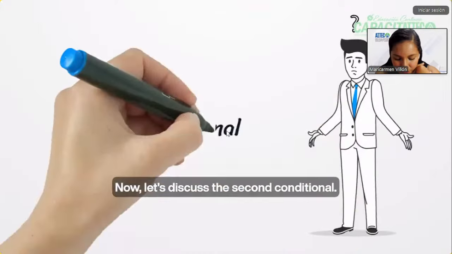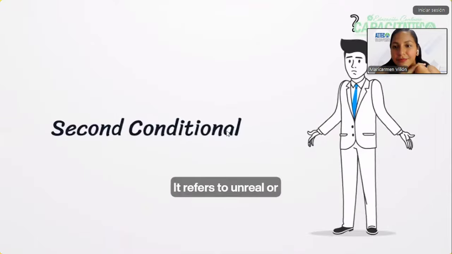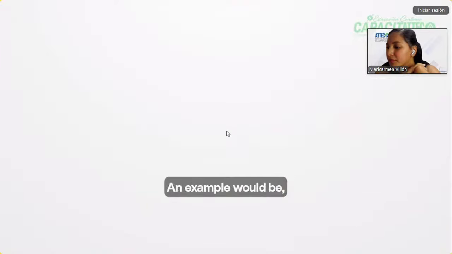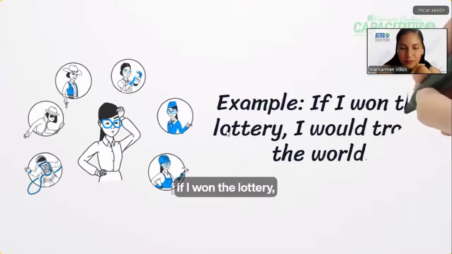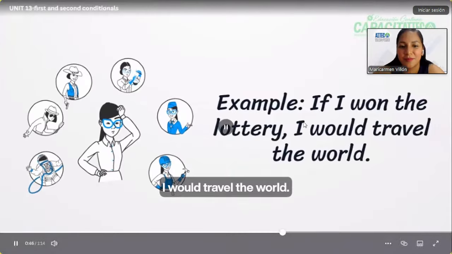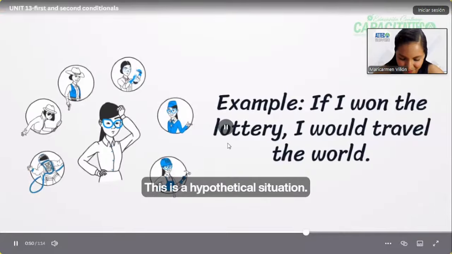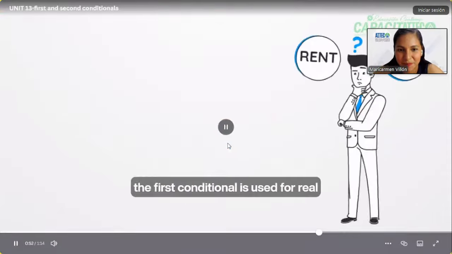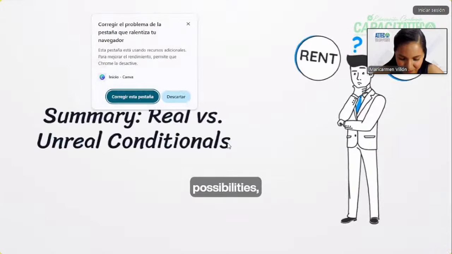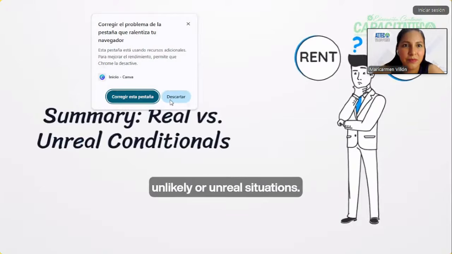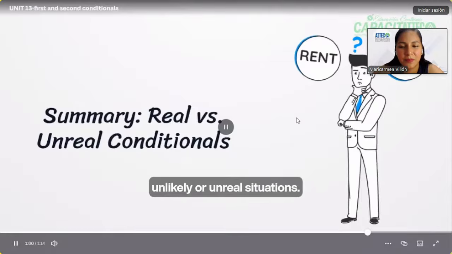Now let's discuss the second conditional. It refers to unreal or hypothetical situations. An example would be, if I won the lottery, I would travel the world. This is a hypothetical situation. In summary, the first conditional is used for real possibilities, while the second conditional is for unlikely or unreal situations.